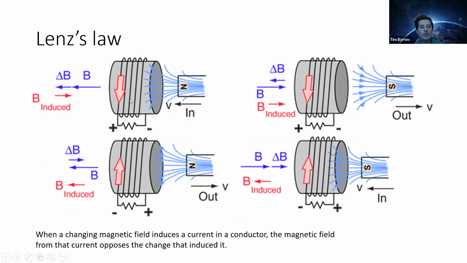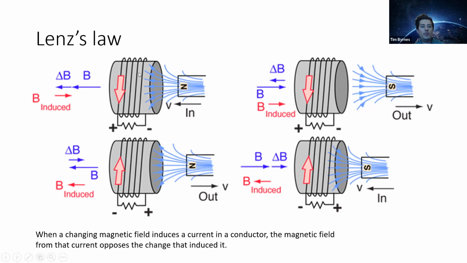What this is saying is that if you've got this coil here and you are putting this magnet inside, it means that the magnetic field is increasing, right? So what this current loop tries to do is always maintain the magnetic field that is actually there.